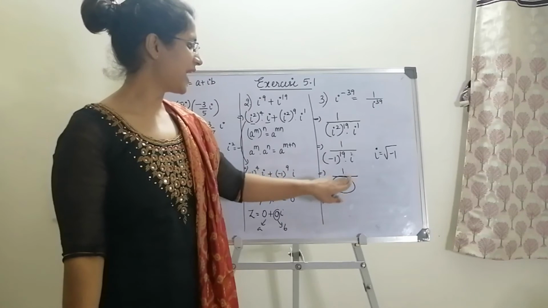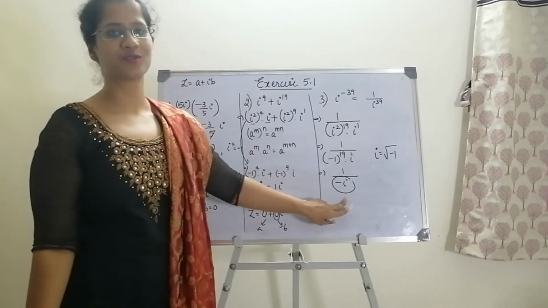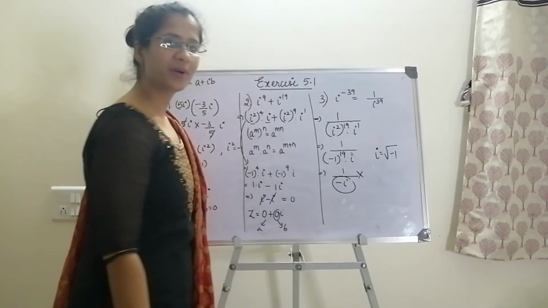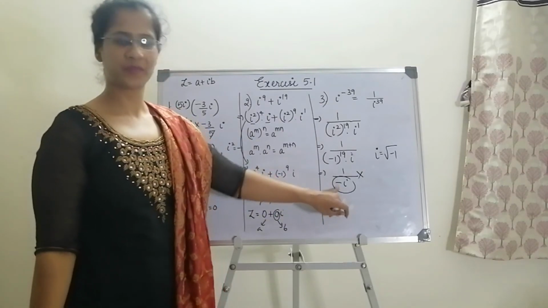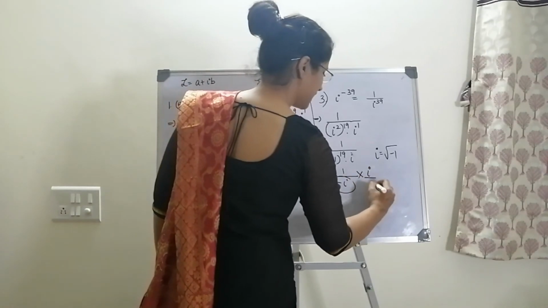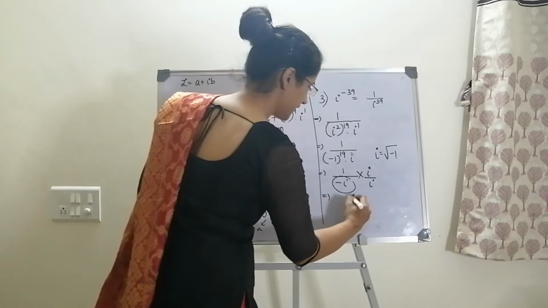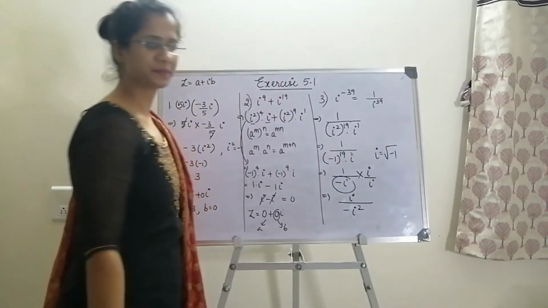So when I have anything in the form of root, I have to remove that root symbol. So what will I do? I will multiply both numerator and denominator with the opposite sign. Correct? So I have minus i, I will multiply and divide by plus i. So I will get this as i divided by minus i square.